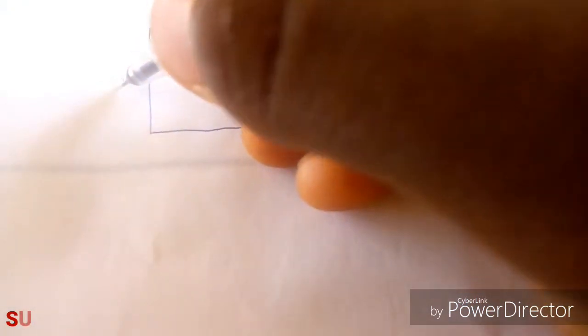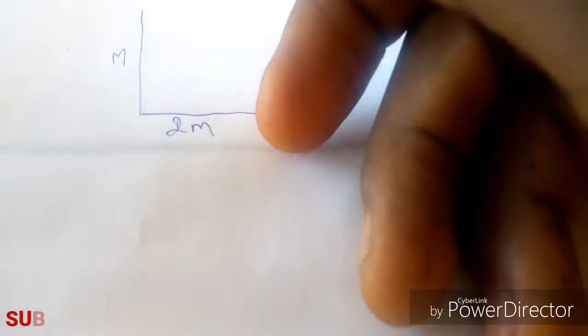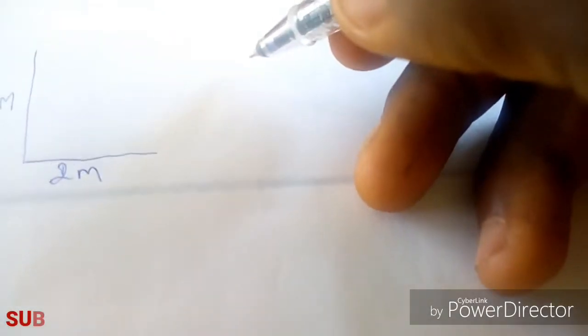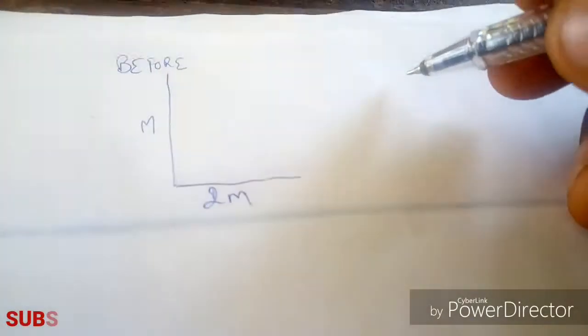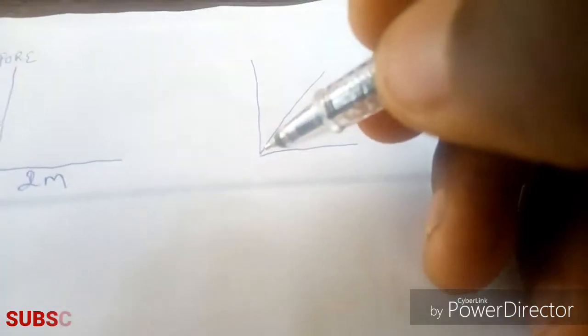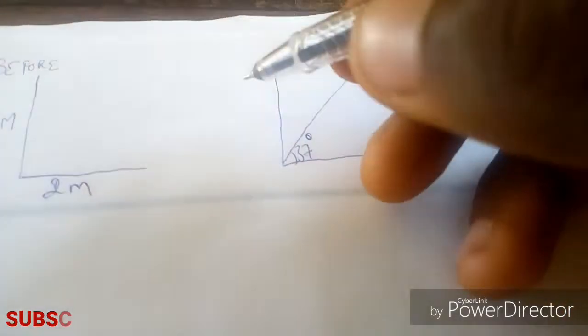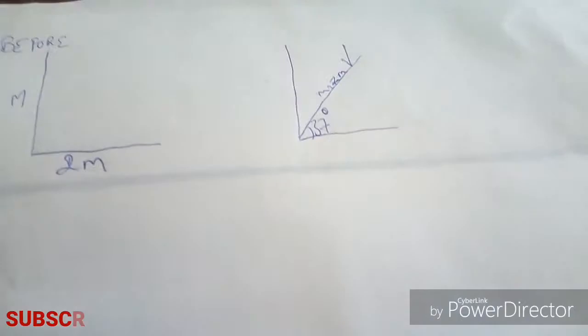So now, this is the mass M. This is mass M. This is mass 2M. This is before collision, and this is after collision, with the speed v.